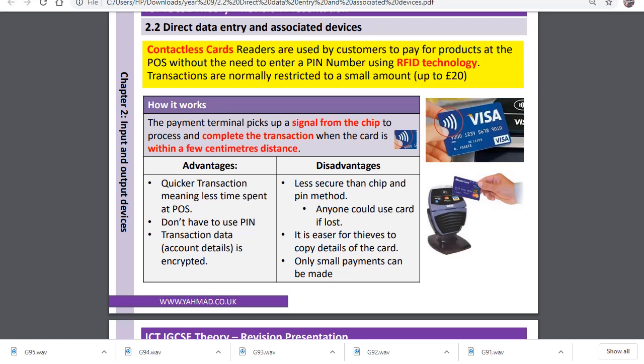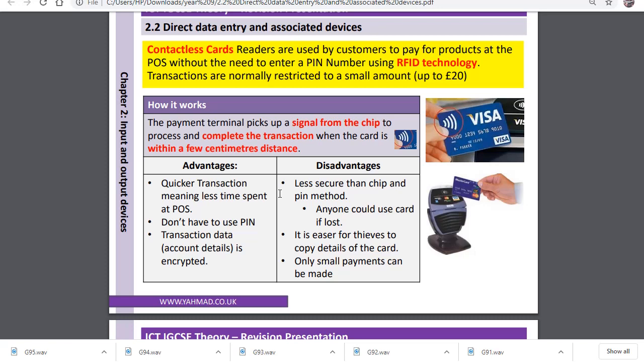How it works: the payment terminal picks up a signal from the chip to process and complete the transaction when the card is within a few centimeters distance. So there is no need to enter your card inside a reader. Just pass the card on the machine, as you can see here, and the transaction will be done, okay, without having any password or any PIN.